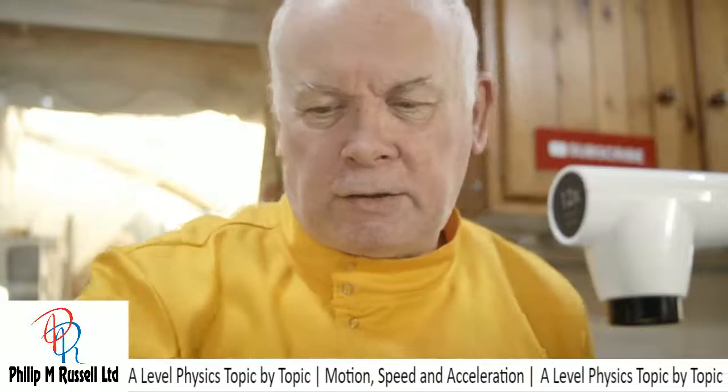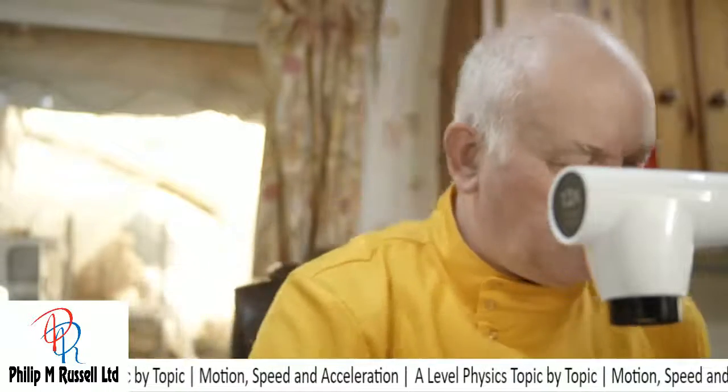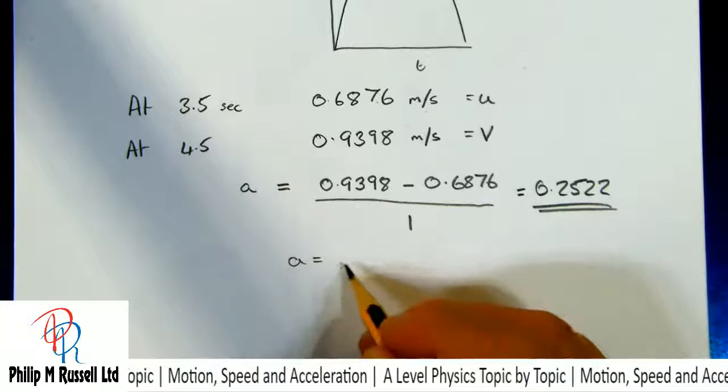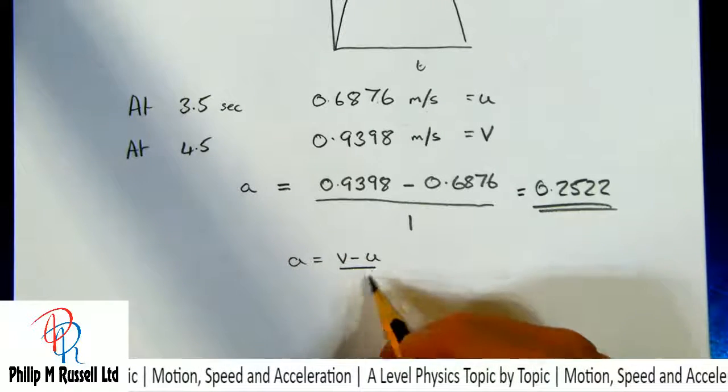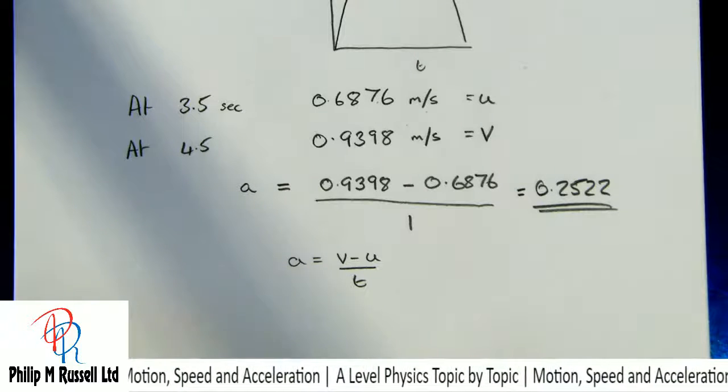Right, okay, so we've looked at speed, we've looked at velocity, and we've got some idea of acceleration. And this was a fairly uniform acceleration. And we can use here my simple formula, the one I didn't write down: acceleration equals V minus U over T, the change in velocity with respect to time.